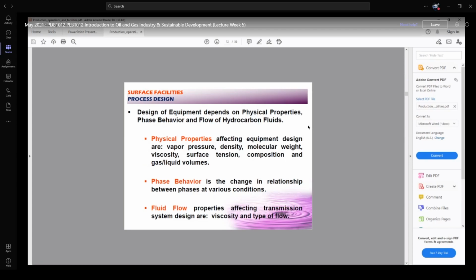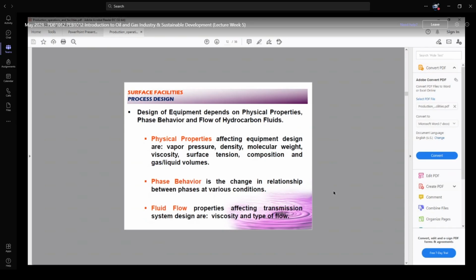Physical properties means the vapor pressure, density, molecular weight, viscosity, surface tension, composition, and the gas liquid volume of the fluid. These are the physical properties. Phase behavior means how the phases behave when conditions vary, for example when the pressure and temperature vary during the production process.